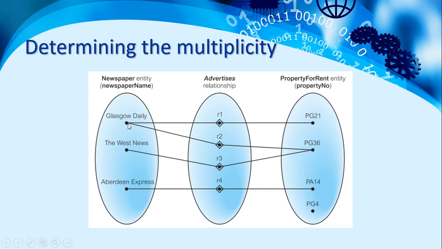Therefore, one newspaper advertises 1 or more properties for rent, and 1 property for rent is advertised in possibly none, 0.